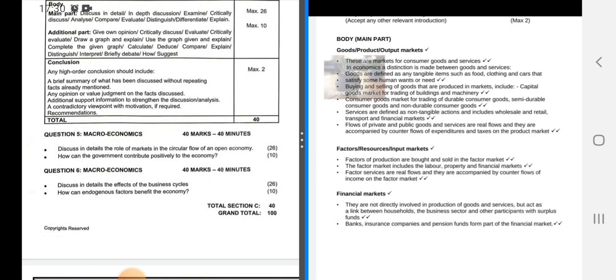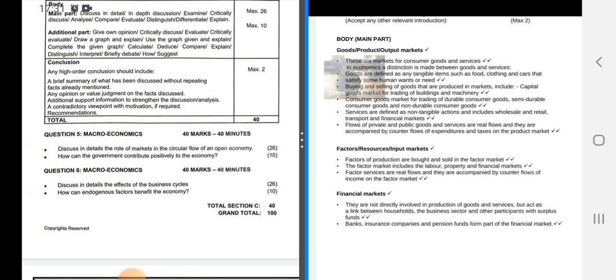You explain each market: what does it entail, what does it have, and its role in the circular flow. Here we have the goods market. These are markets for consumer goods and services. In economics, a distinction is made between goods and services.